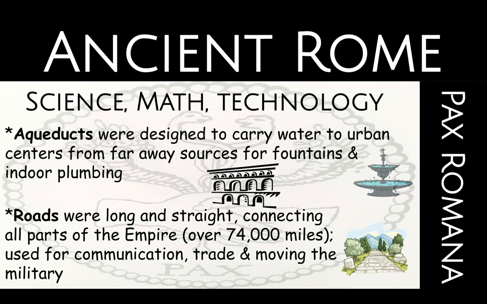One of the other huge achievements of the Romans were their roads. Over 74,000 miles of roads. And they were very straight and built really, really well. And they were used for a number of purposes.